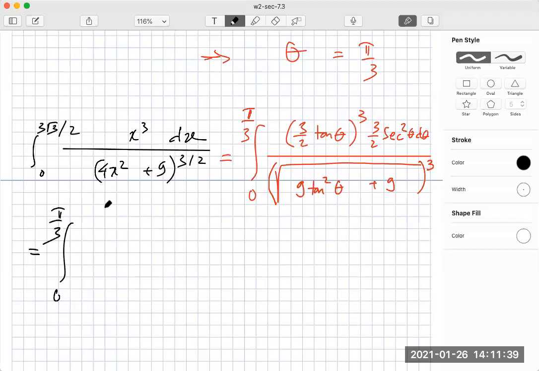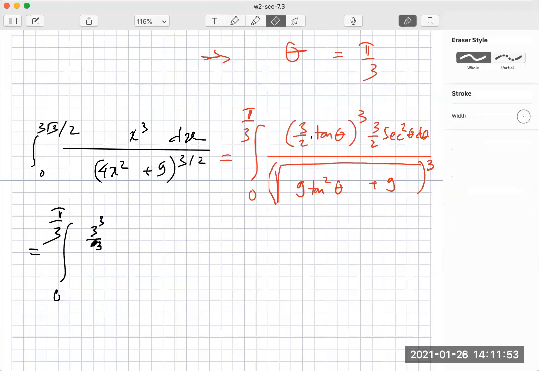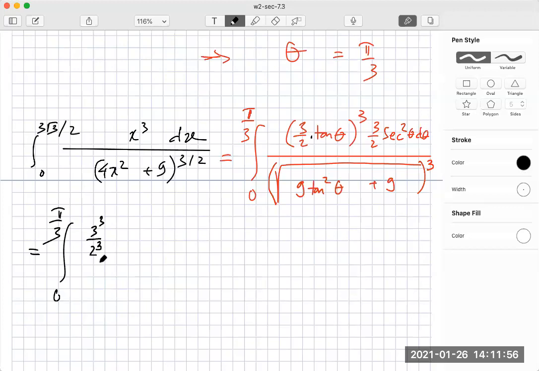This guy, this is the product, right? 3 halves cubed will be 3 cubed, 2 cubed here, right? There's 2 to the 3, times tan cubed theta times 3 halves secant squared theta d theta.